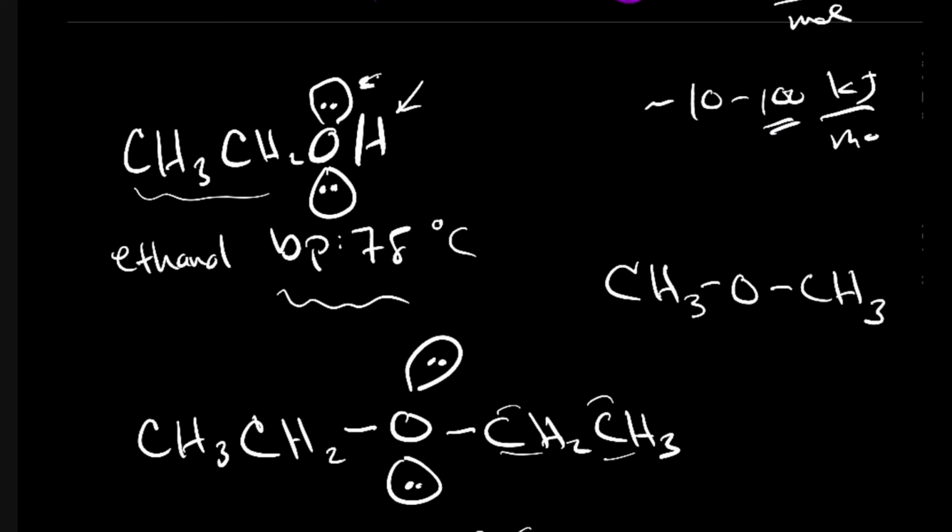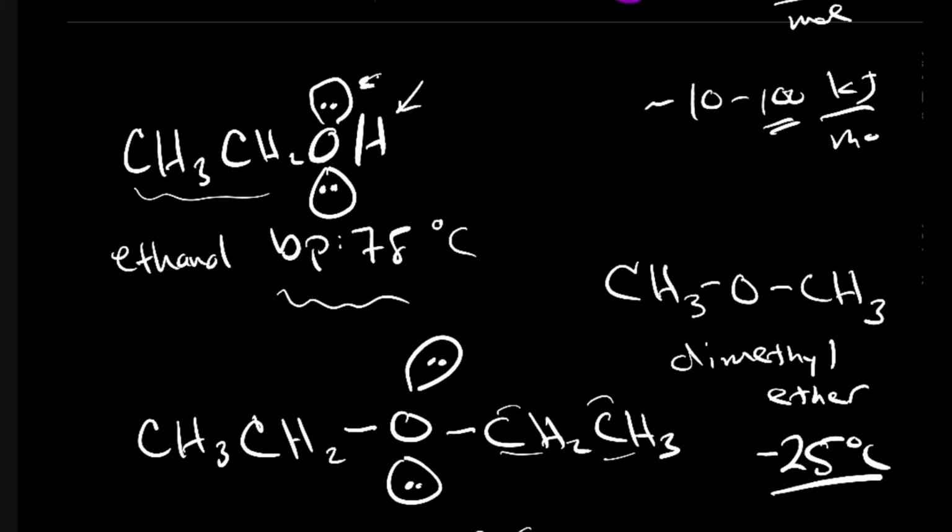All right, what's the boiling point of dimethyl ether? Make a guess in your head. Did you guess negative 25 Celsius, right? So having these hydrogen bond donors as a place to sort of share the load, if you will, really helps a lot.